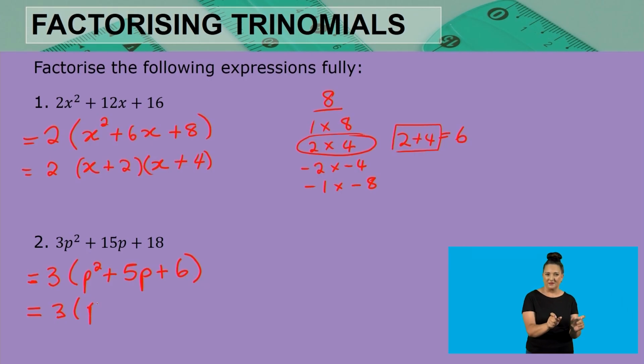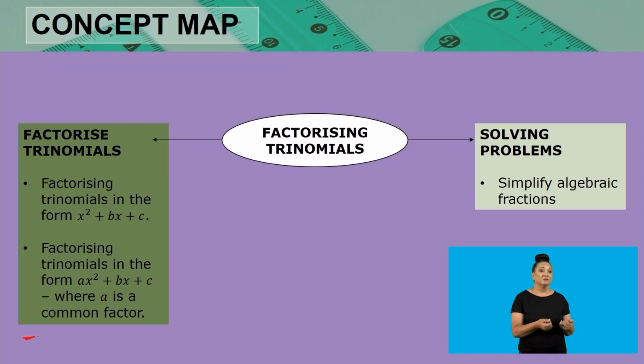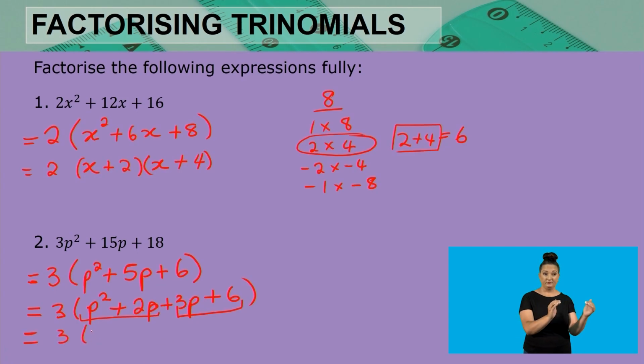So when we expand the middle term there, we are going to have a p squared, then a plus 2p plus 3p plus 6. And when we take out the common factor between those two groups, for that first group, we have a common factor of p, and we are left with p plus 2.